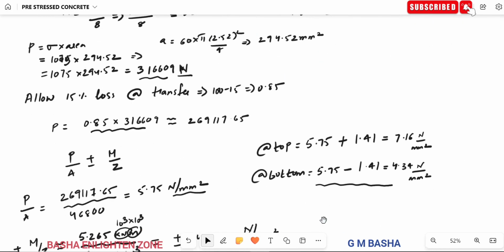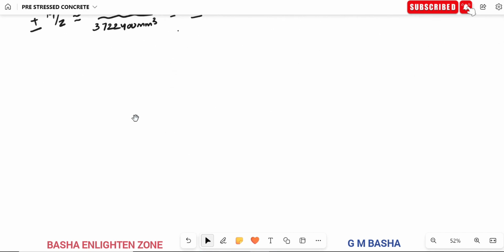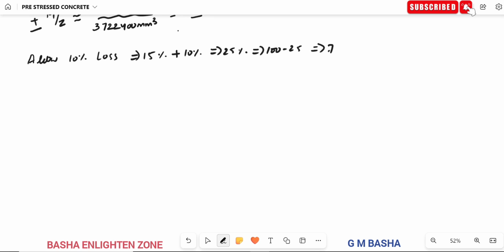For that purpose, we go through the same formula again. We can allow some more loss, that is 10% extra. So already 15% is given, again 10% will be considered, totally 25%, that is 100 minus 25, which is 75%, that is 0.75 that we have taken here.